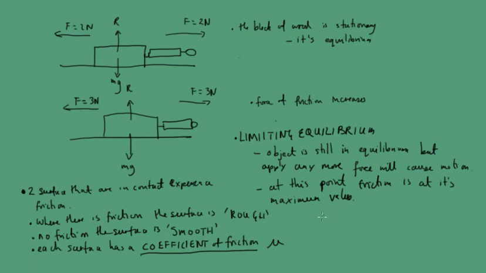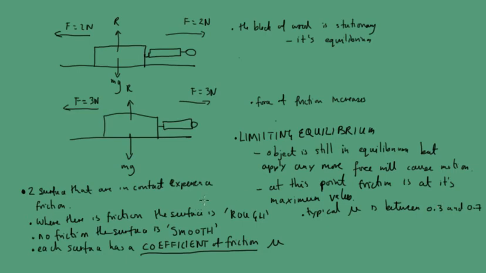Now, typically, mu is between 0.3 and 0.7. You can get mu reaching 1. If that was the case, the coefficient of friction is extremely large. For a smooth surface, the coefficient of friction is going to be close to 0.